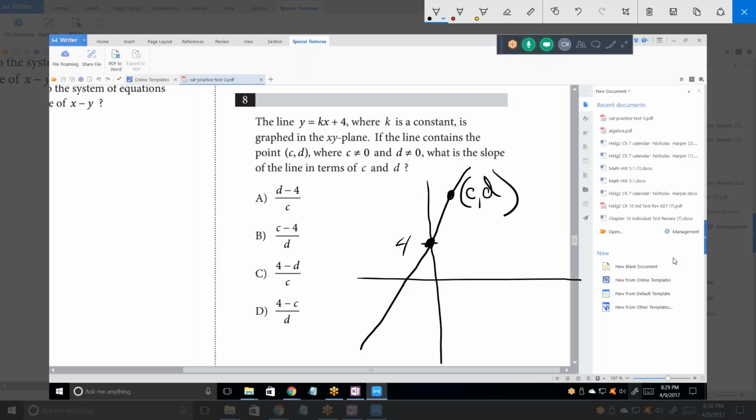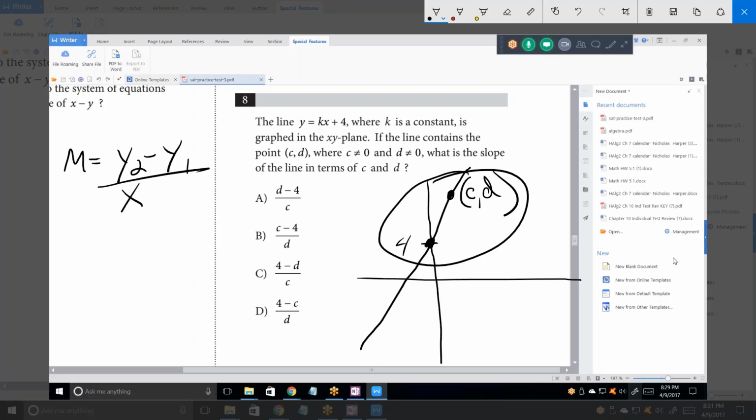When you're dealing with a straight line, it doesn't matter what two points you figure the slope on. How do I figure out the slope between those two points? Give me the slope formula. Y2 minus y1 over x2 minus x1. Give me that in terms of our numbers.